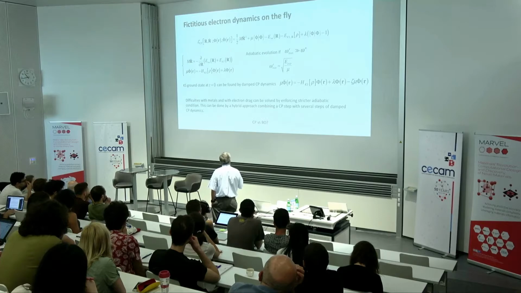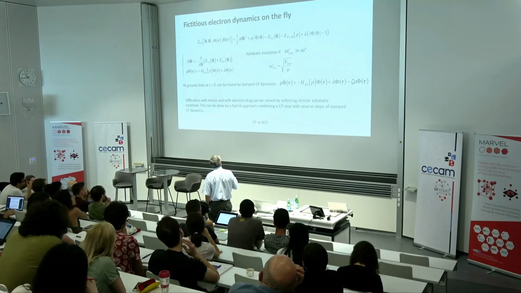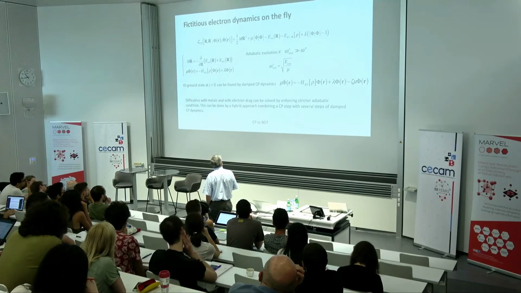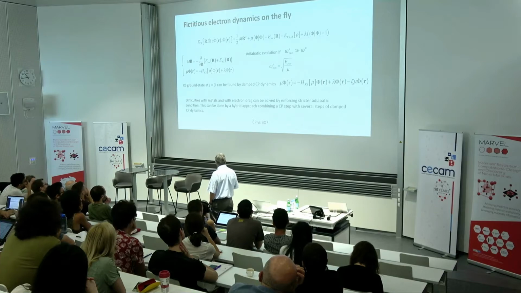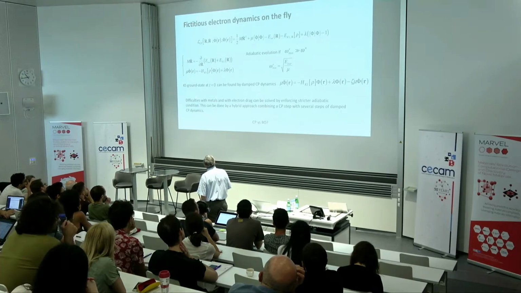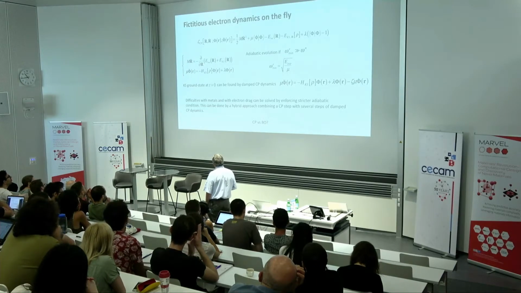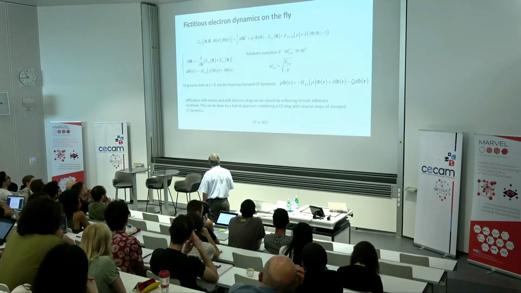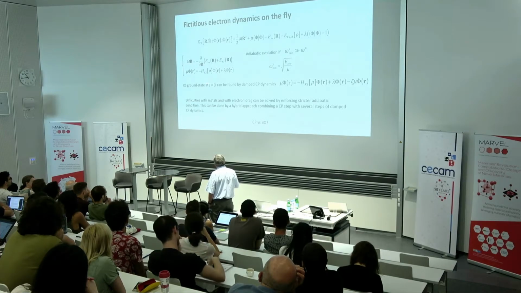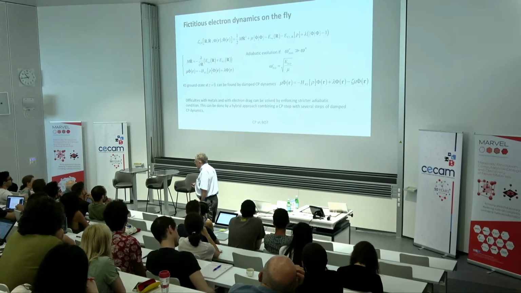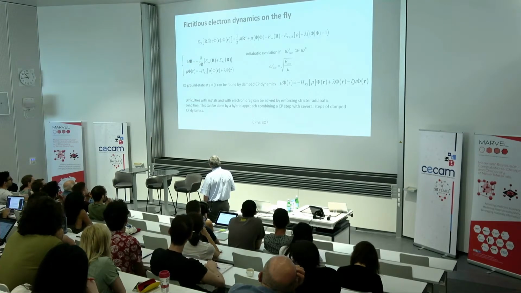However, as I said here, there is a problem when the minimum electronic frequency does not satisfy this equation. And in addition, if the dynamics of the electrons is not sufficiently fast, well, we recover, of course, the true adiabatic dynamics in the limit mu going to 0, but in simulation we have to use a finite mu.